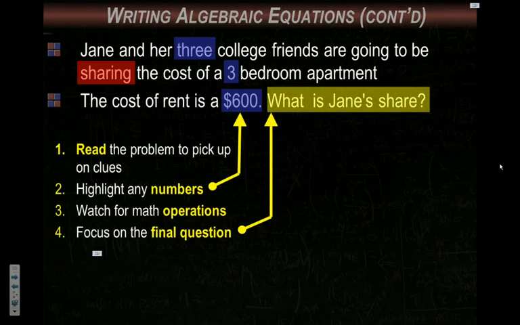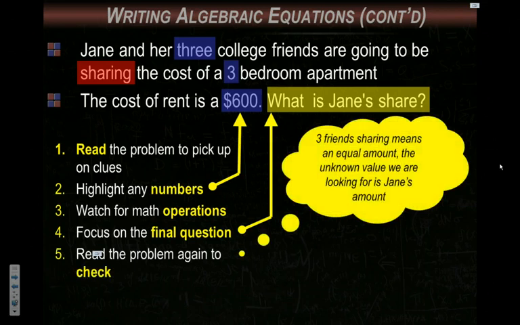Step 4, focus on the final question. Make sure you're answering this. Your answer will be Jane's share is. Your answer won't be Jane's friend's favorite color is. Like, no, make sure you focus on the final question. Step 5, read it again. Make sure you understand. 3 friends sharing means an equal amount.